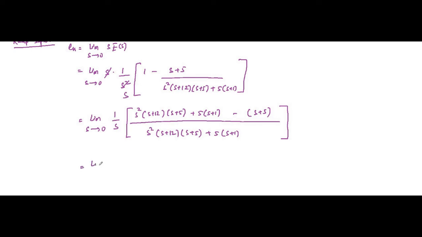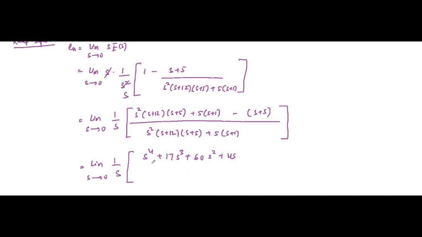So here when we solve this, this will become limit s tends to 0, 1 by s into the numerator will be s4 plus 17s cube plus 60s square plus 4s.